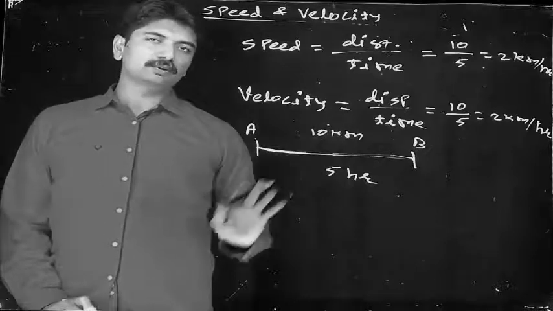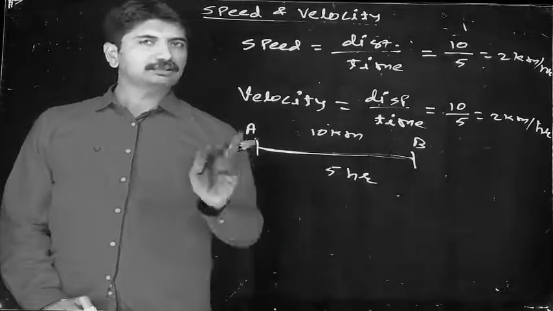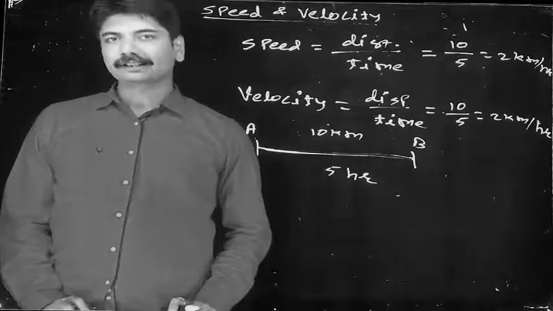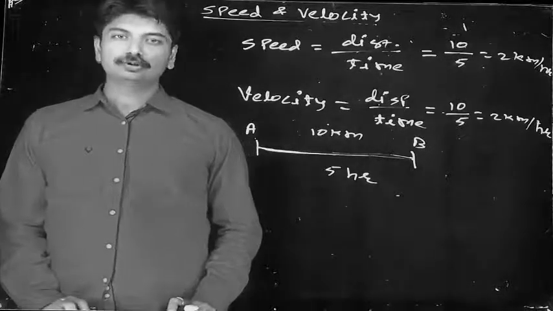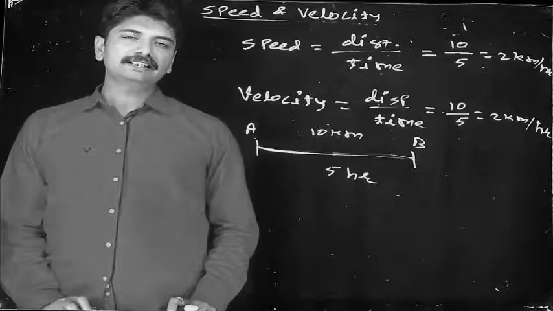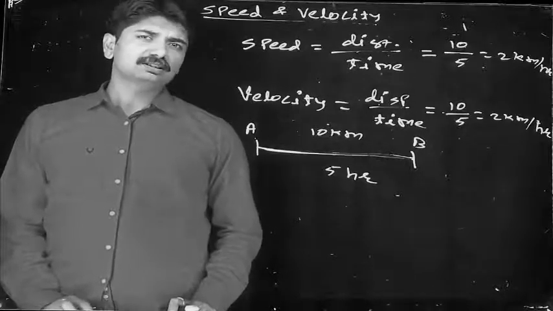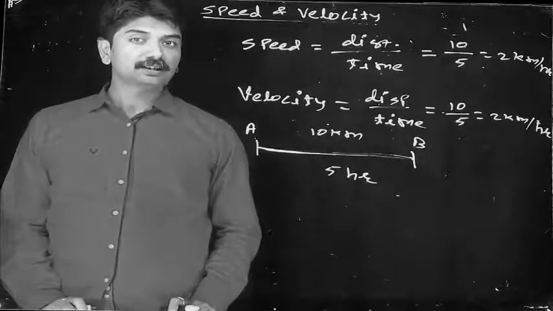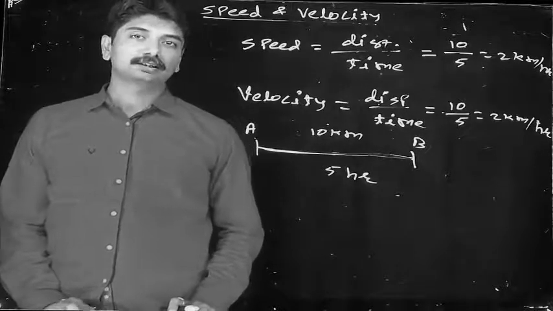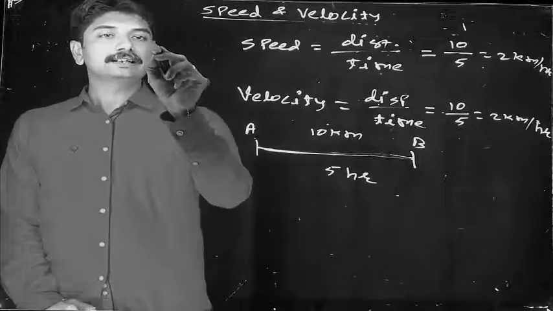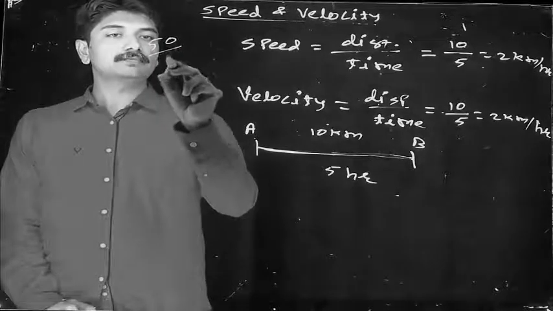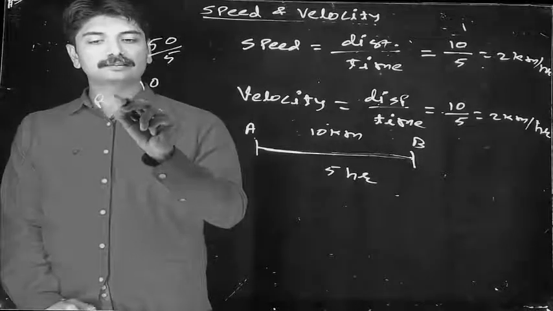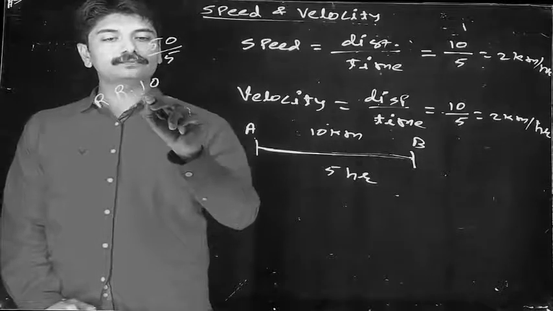Now look at these two equations, these two answers. I'll ask you another question. Suppose you are watching cricket on TV. Your favorite player is playing and he has scored 50 runs from 5 overs. So you will say he is playing with a run rate of 10 runs.